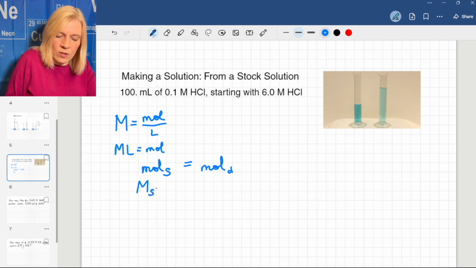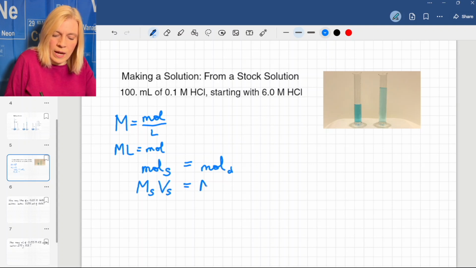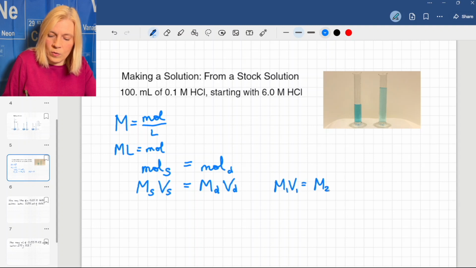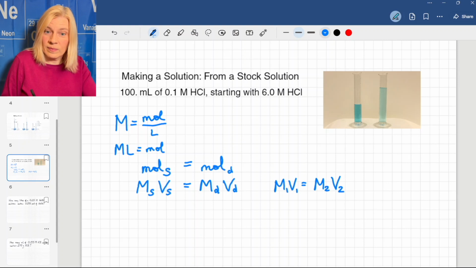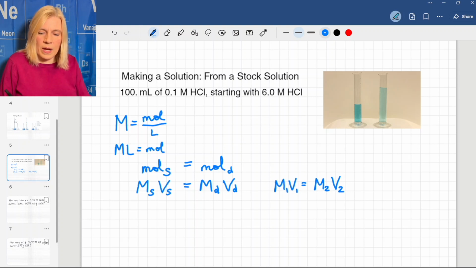Molarity of my stock solution and volume of my stock solution equals molarity of my dilute solution and volume of my dilute solution. Many times people say that means M1V1 equals M2V2. Okay, so let's think about this for 1 second.